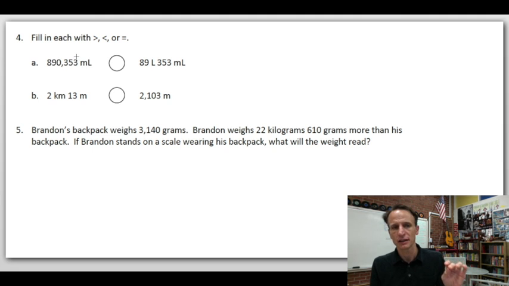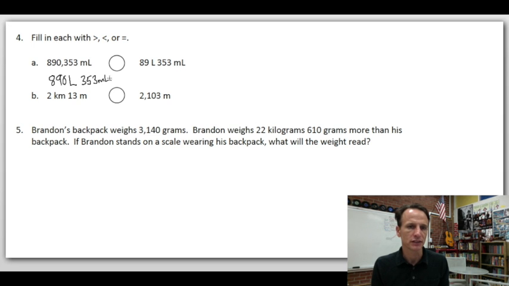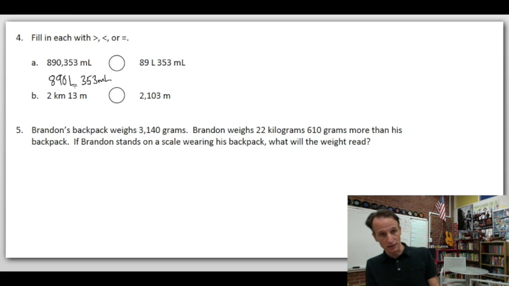So 890,000 milliliters is 890 liters. There we go. Okay, so we see that place value connection, 890 liters, that's a capital L. And the 353 milliliters is just that, 353 milliliters.